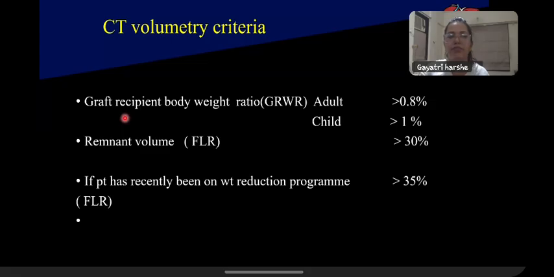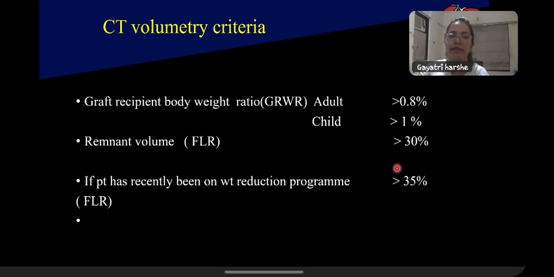This is like the future liver remnant in the donor. In graft, the future remnant will be predicted based on graft recipient body weight ratio. So that should be more than 0.8. Remnant volume should be more than 30%.